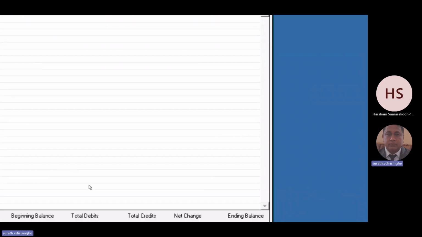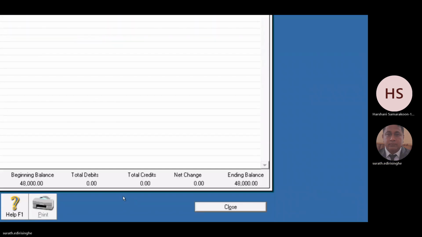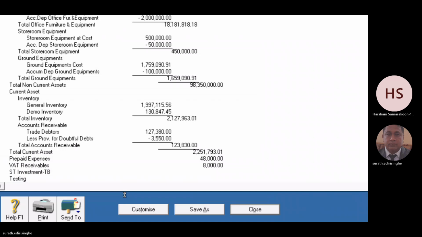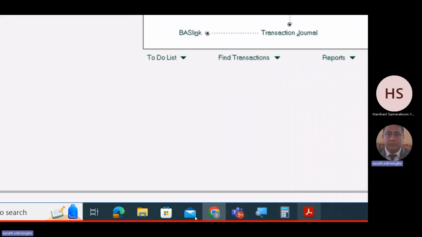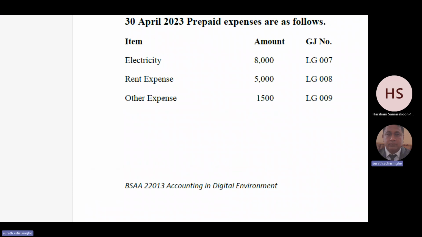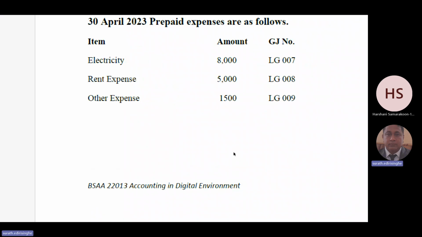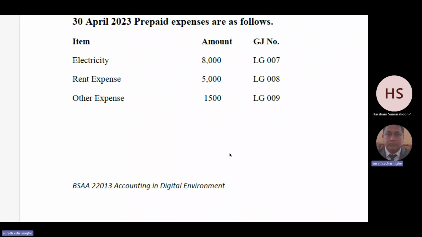Right. Now, next, record this transaction: rent expense and other expenses. Record this prepayment, rent prepayment, and other expenses.